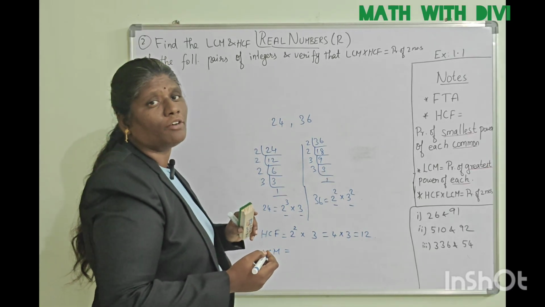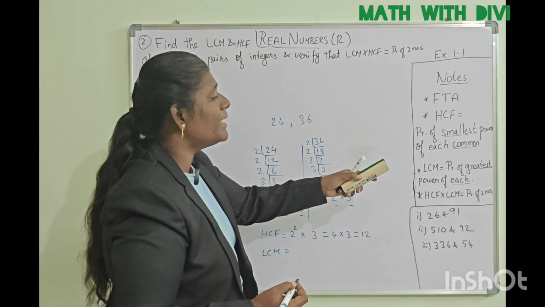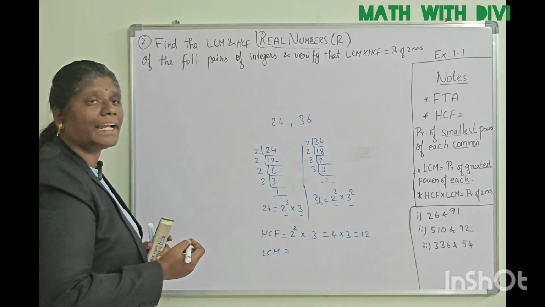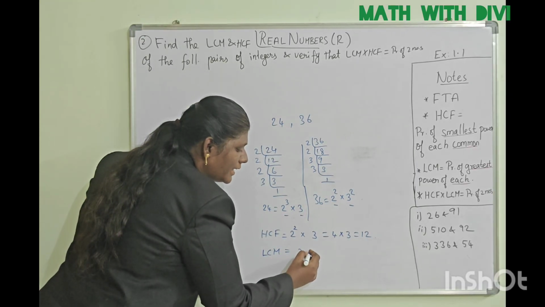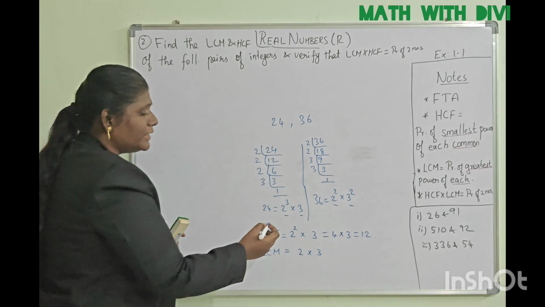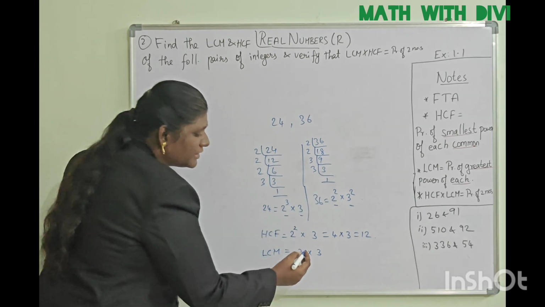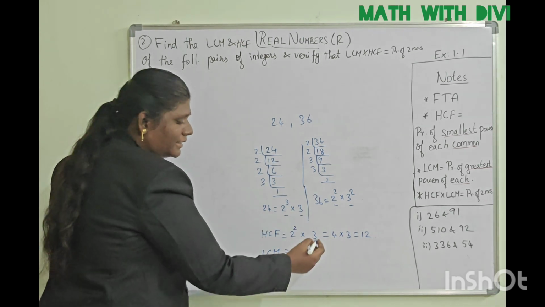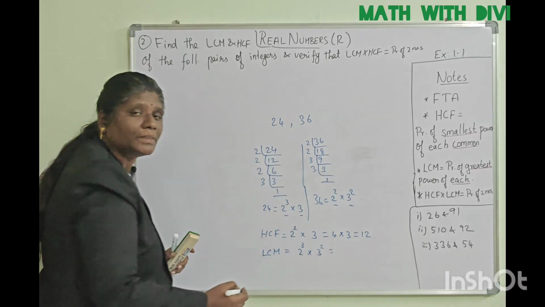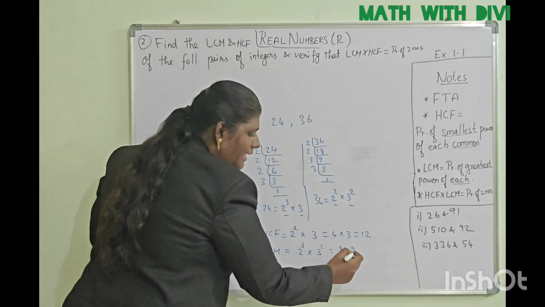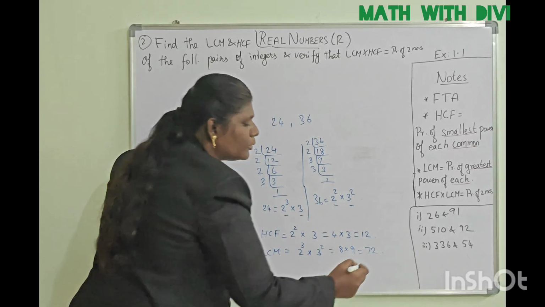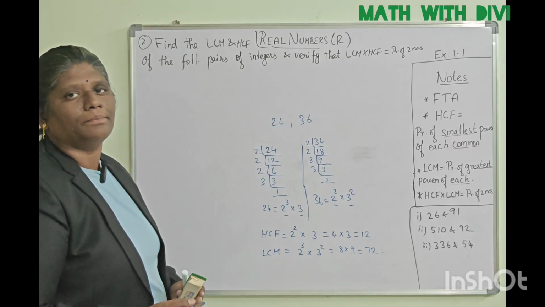Each factor I have to choose, and for the common factors I have to choose only the greatest power. Which is the greatest power? Here 3 square is the greatest power, and here 2 cube is the greatest power. Right? So 2 cube is 8 and 3 square is 9. 8 nines are 72, which is the LCM.